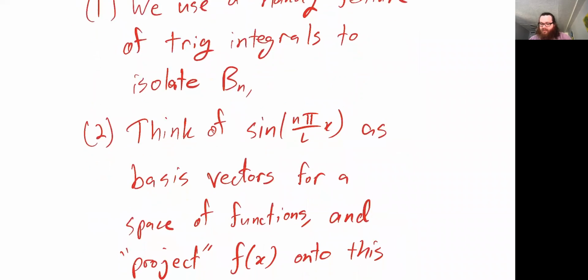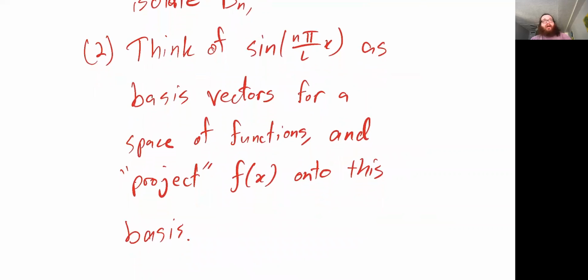Another way to think of this is that, well, let's think of these sine functions as basis vectors for some space of functions. In practice, it turns out that this set of basis vectors, as you take infinitely many of these sine terms, do form a basis for almost all the functions you care about on an interval. They're functions, but we'll call them vectors.